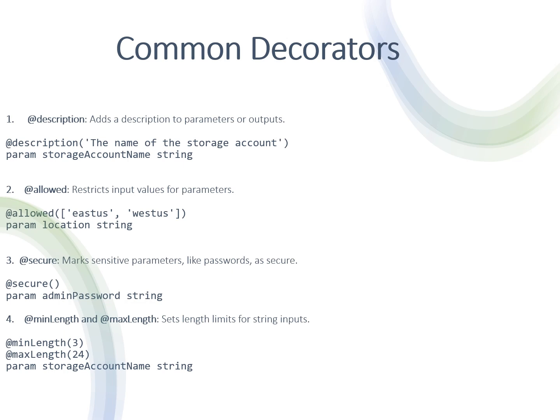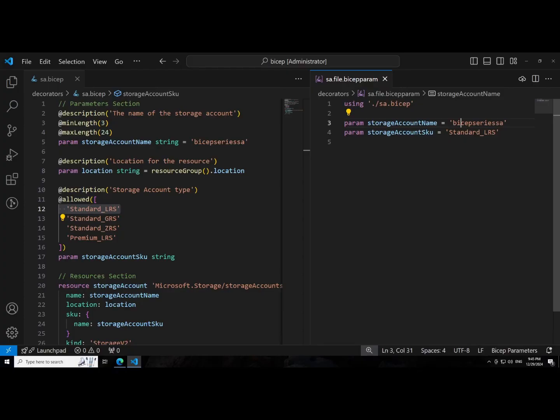So we can have a practical example. Say for instance, we know fully well that an Azure storage account has a naming convention that supports a minimum of 3 characters and a maximum of 24 characters. So we can take that understanding into the Bicep definition file and apply these decorators to follow suit.